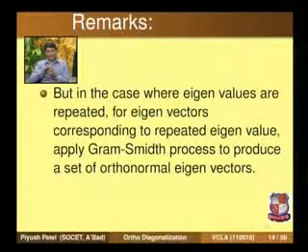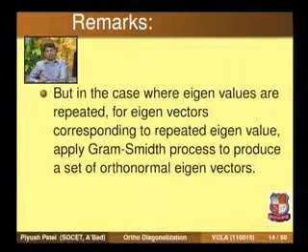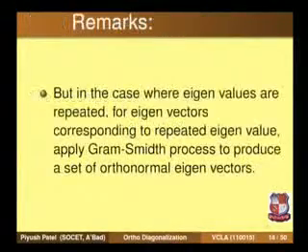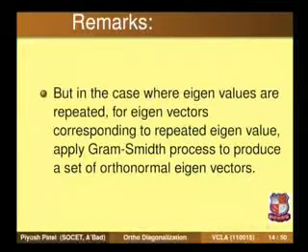We apply the Gram-Schmidt process to produce orthonormal eigenvectors from the linearly independent eigenvectors, form a matrix P, and hence orthogonally diagonalize the matrix A.